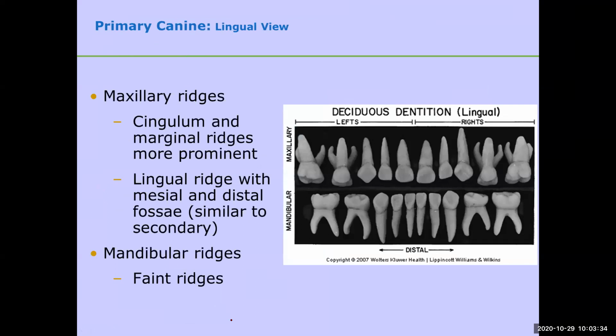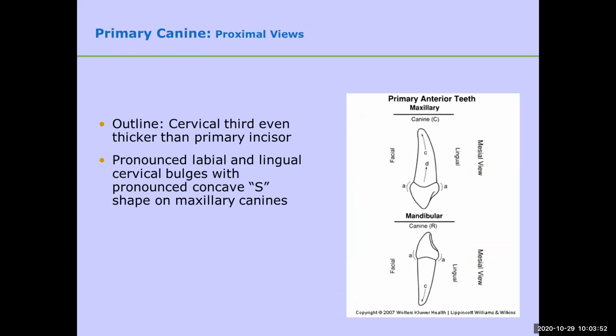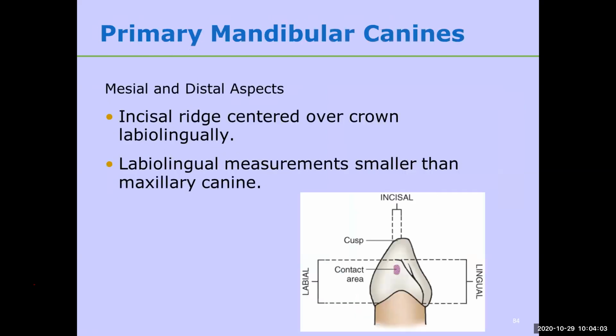The maxillary is more anatomically complex with marginal ridges and a cingulum than the mandibular. Usually the mandibular just has a fossa and no lingual ridge. Oftentimes S in shape. The incisal ridge is centered.